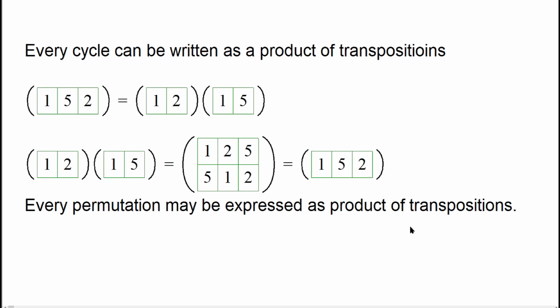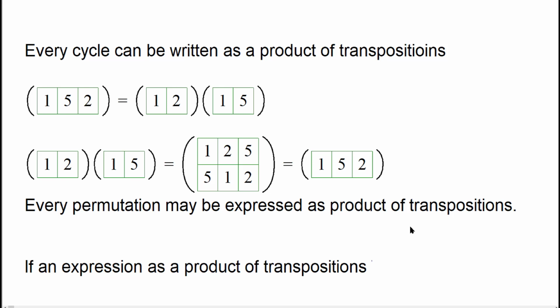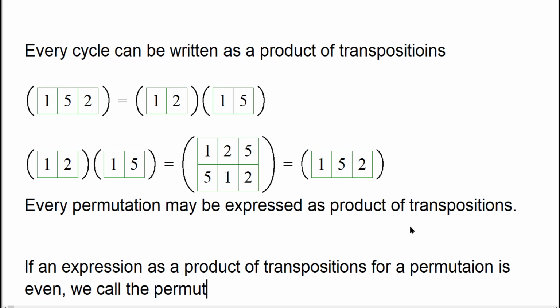If an expression as a product of transpositions for a permutation is even, we call the permutation an even permutation.